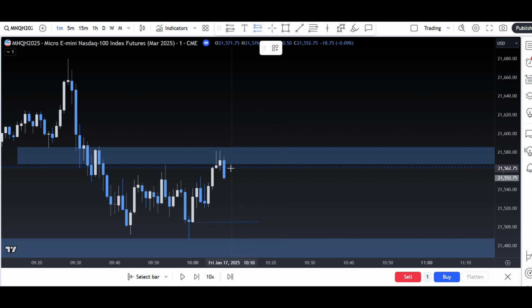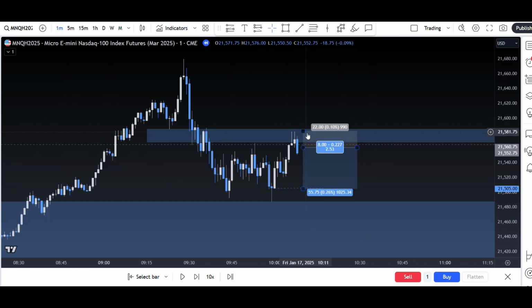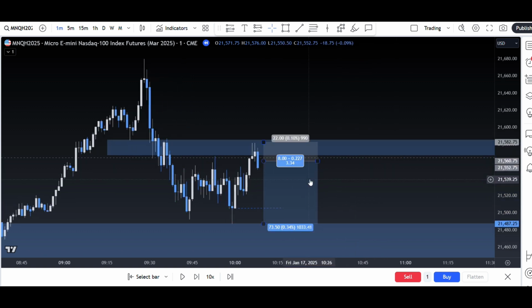So I entered somewhere around a 22-point stop loss. I usually like to have around a 20-point stop loss. And then you can target that 1 hour low. It's a 73-point move.